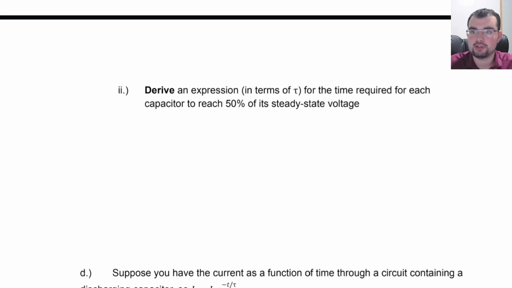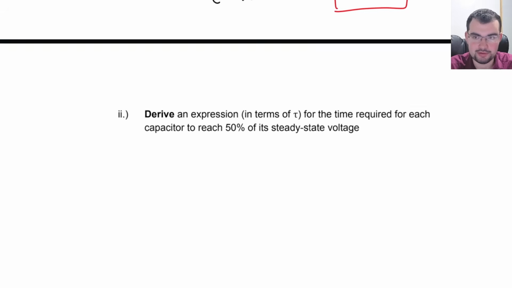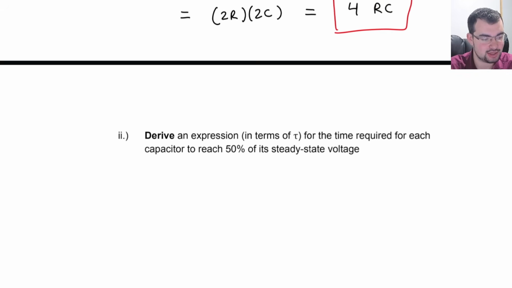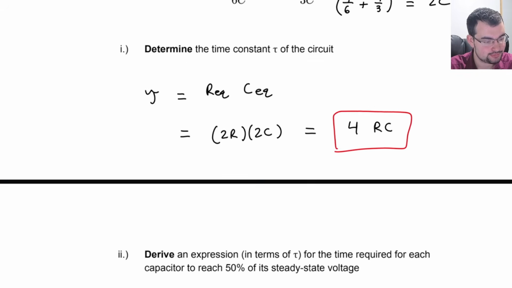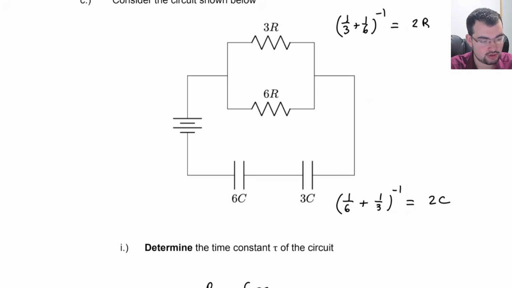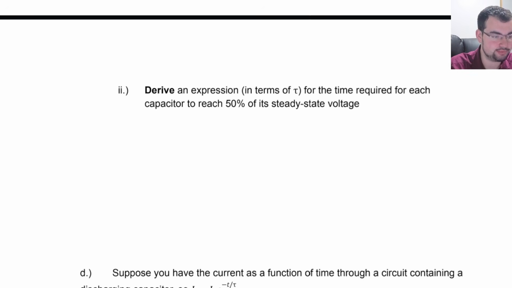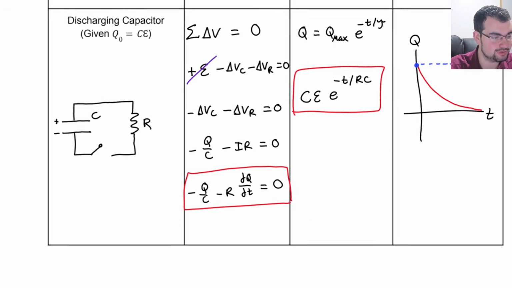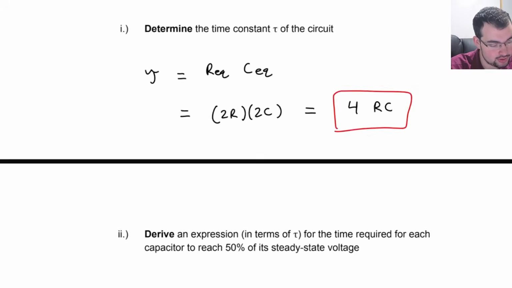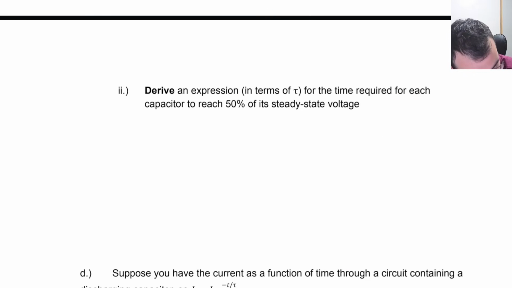So derive an expression in terms of tau for the time required for the capacitor to reach 50% of its steady state voltage. Well, it doesn't actually matter if it's charging or discharging here, but this will be charging. So we can assume that if it's charging, even though we didn't solve for delta V, we know it's proportional to Q. So delta V is going to follow this relationship.